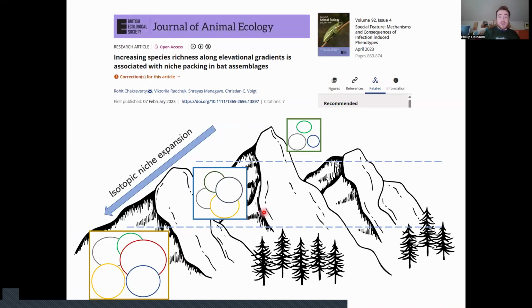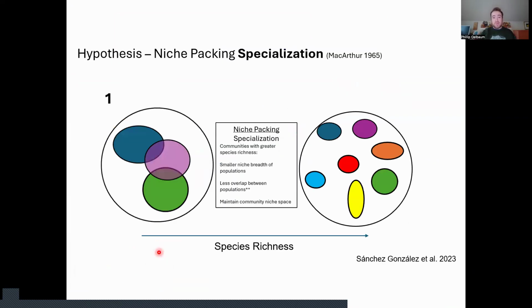So essentially, what they were looking at was that at high elevations where you find fewer species, species in this niche space tend to spread out more. Whereas when they are at lower elevations and it's more speciose, these niches pack together into sort of a confined niche area. So niche space, how does that exactly work? Where do these concepts come from?